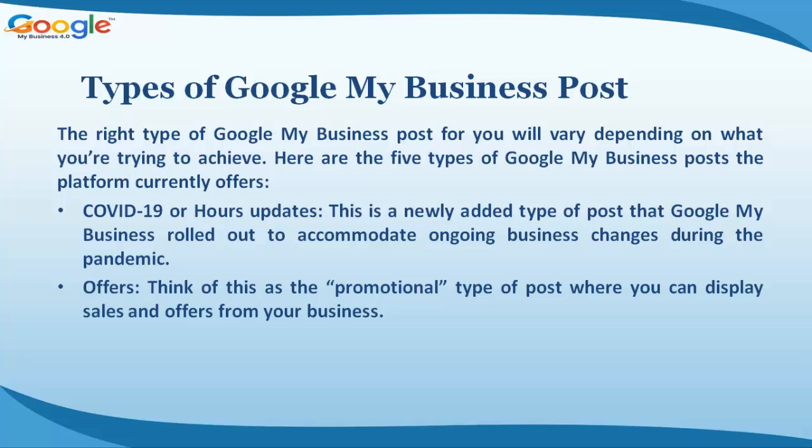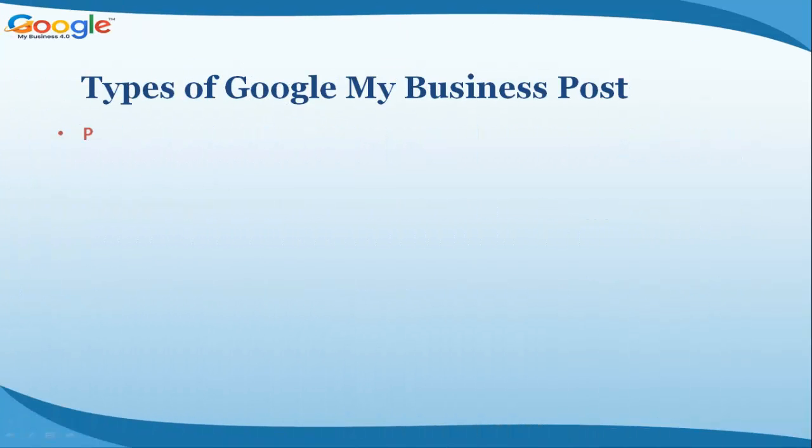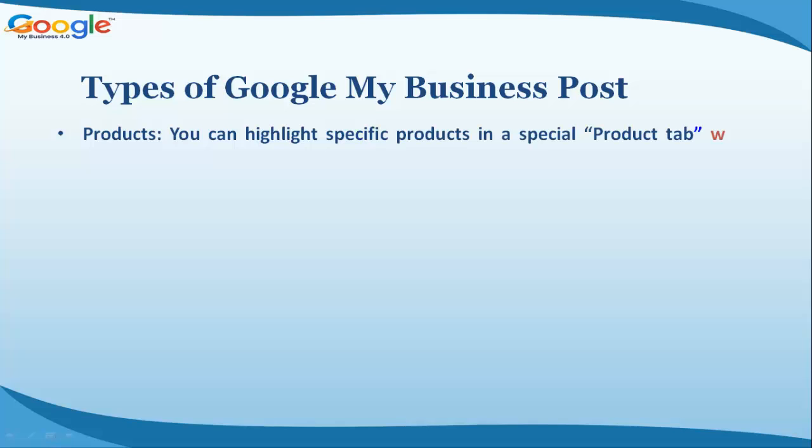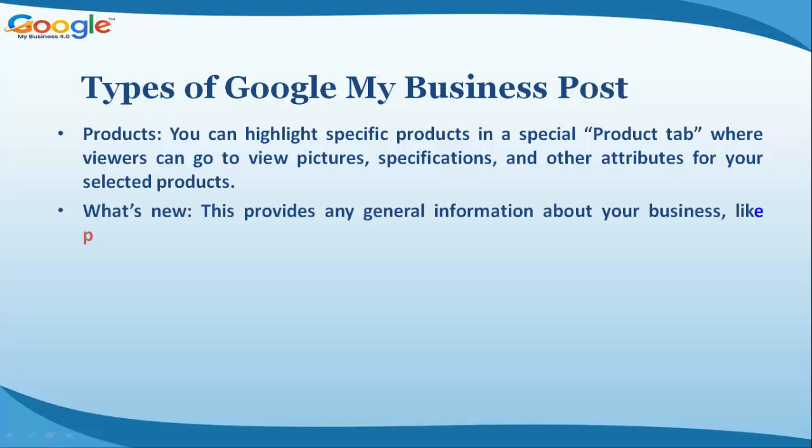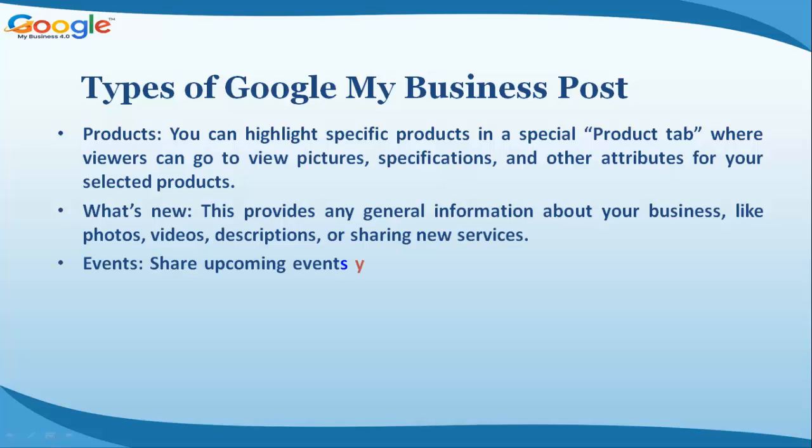Offers. Think of this as the promotional type of post where you can display sales and offers from your business. Products. You can highlight specific products in a special product tab where viewers can go to view pictures, specifications, and other attributes for your selected products. What's new?